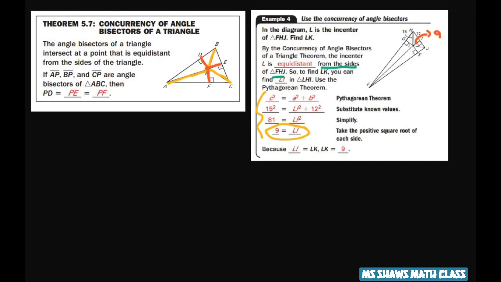And then from what I drew here, these sides have to be congruent, so this means all these sides are congruent. So this side is also 9, because these are your angle bisectors.